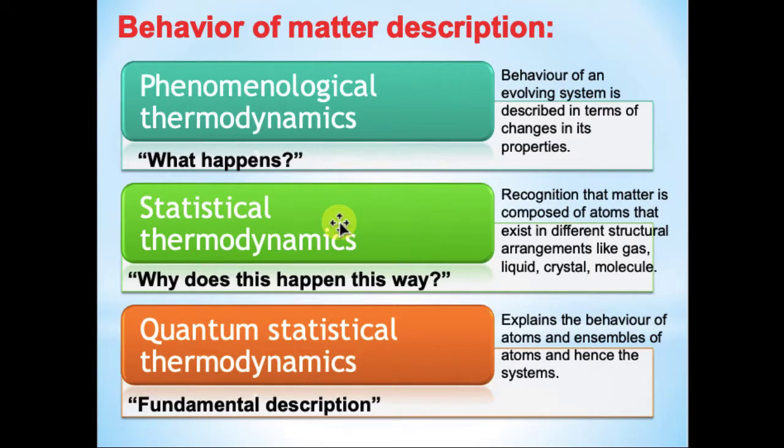Now, for statistical thermodynamics, the description recognizes that matter is composed of atoms that exist in different structural arrangements like gas, liquid, crystal, molecule.